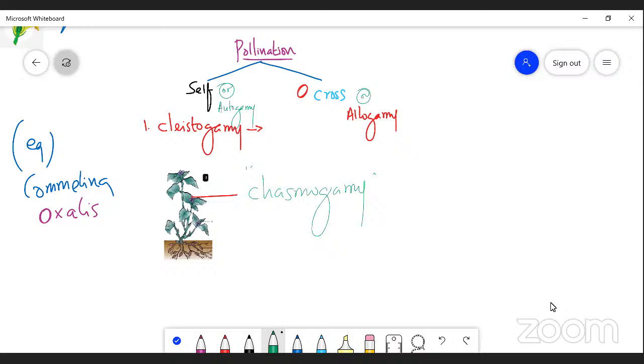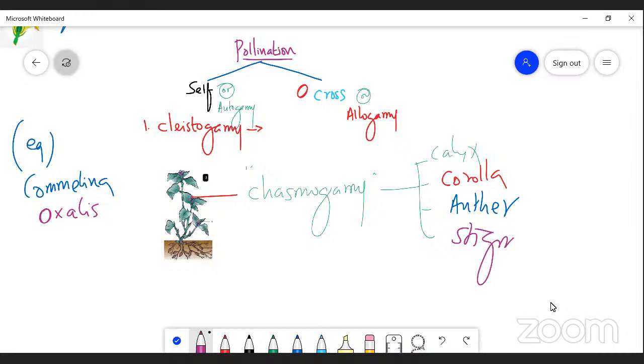During that time, the floral parts like calyx, corolla, androecium, gynoecium open. Simply you can say the calyx is open and the corolla is also open, by which the anther is exposed, the pollen grains are liberated from the anther and deposited in the stigmatic region, right?